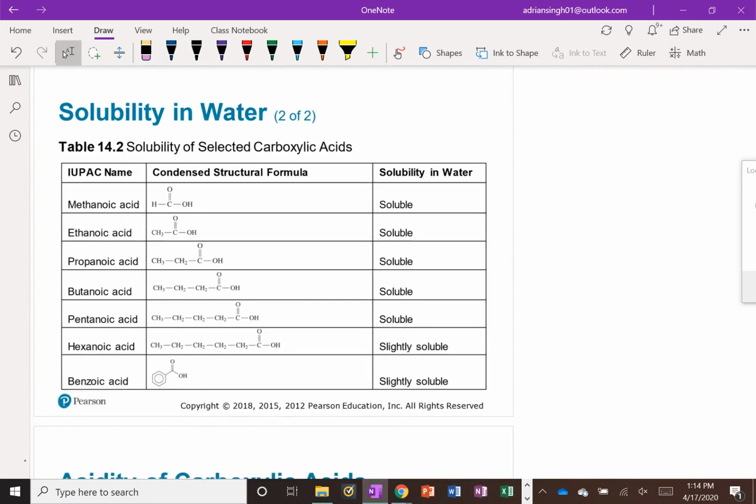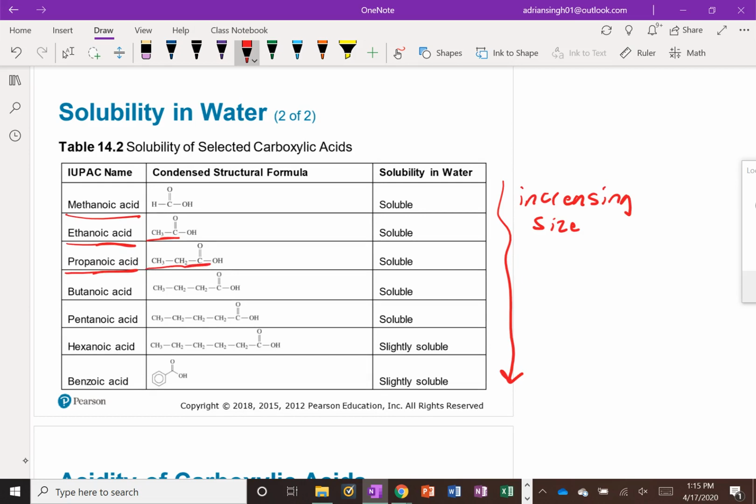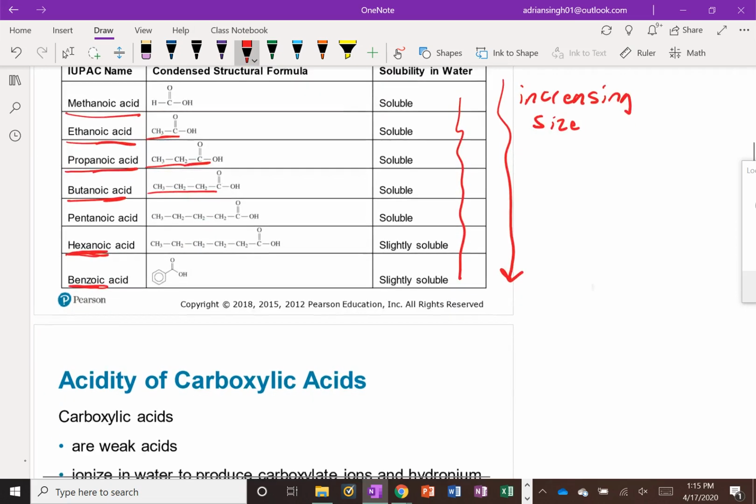So if we take a look here at increasing size, going from methanoic, 1 carbon, ethanoic, 2 carbons, propanoic, 3 carbons, butanoic, 4 carbons, all the way down to 6 carbons hexanoic acid and 7 carbons in benzoic acid, we're going to see the solubility tends to decrease.